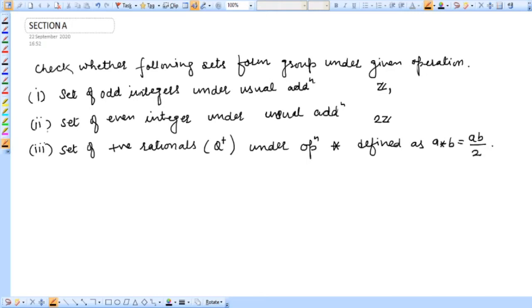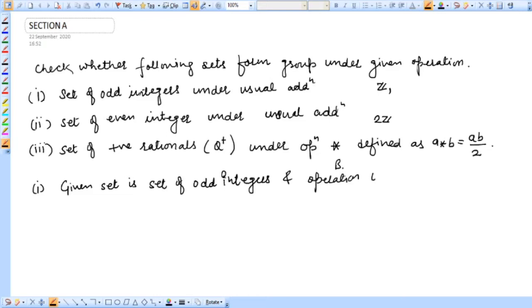Firstly, starting with odd integers. Here the given set is the set of odd integers and the binary operation is usual addition.